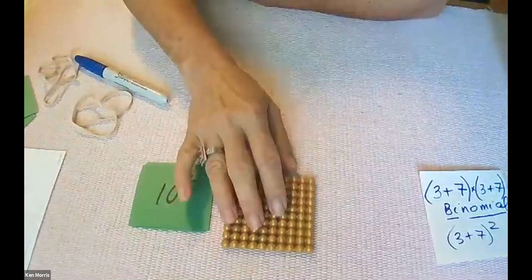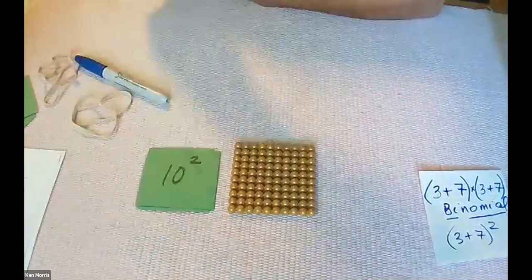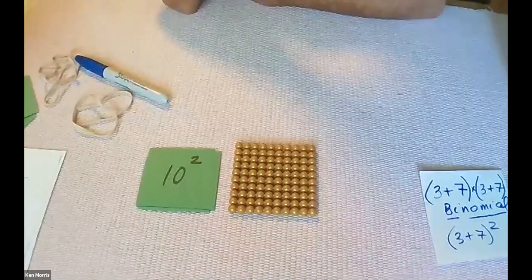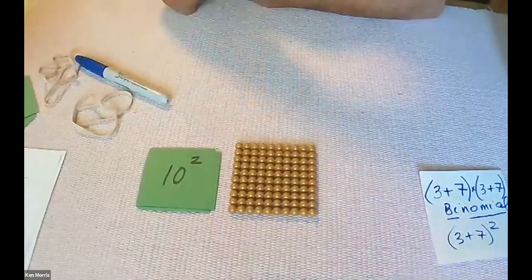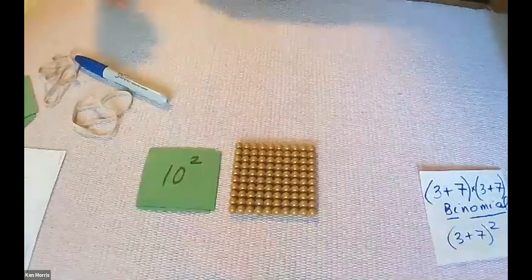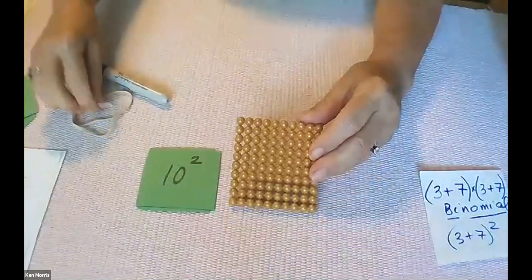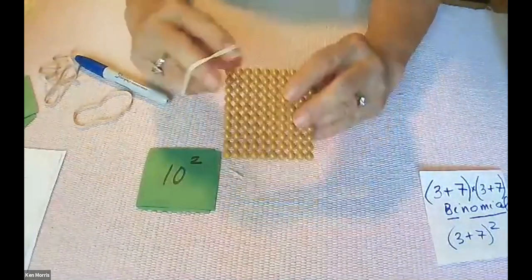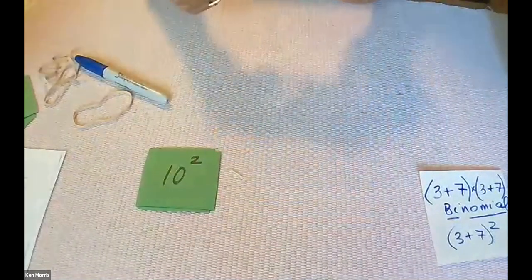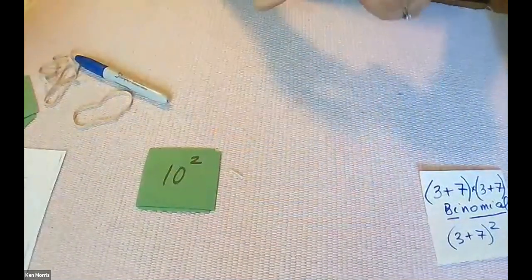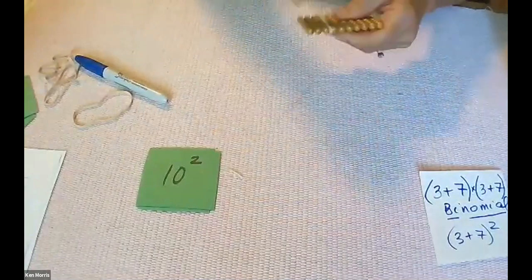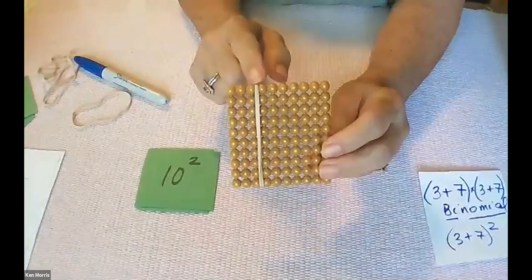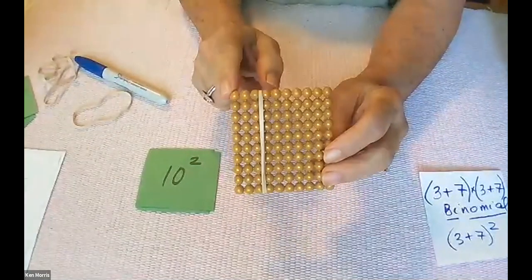The children are very aware that multiplication is really working with squares and rectangles, so this is a very familiar concept to them. All right, so if we now break up the 10 on this side into 3 plus 7, simply by putting a rubber band, I've broken it up into now 3 plus 7. It's no longer 10, it is now 3 plus 7.